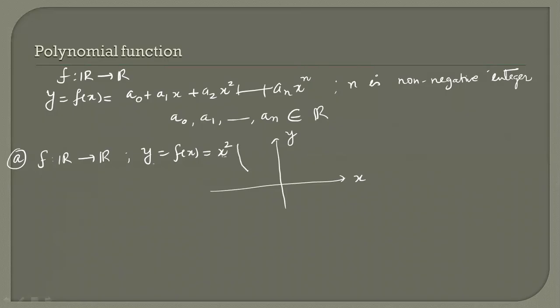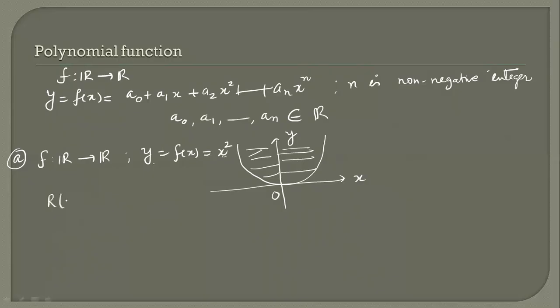And if you draw it, you will get this type of graph, y equal to x squared. The portion on this side and the portion on this side are both the same. This is a symmetric graph also. We will study curve tracing also in the topic curve tracing.